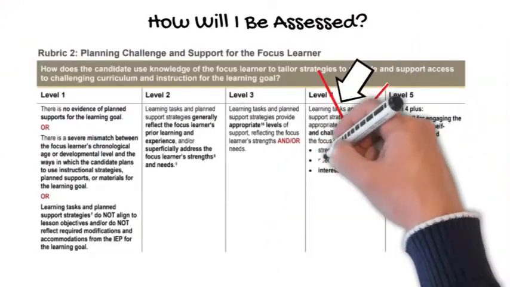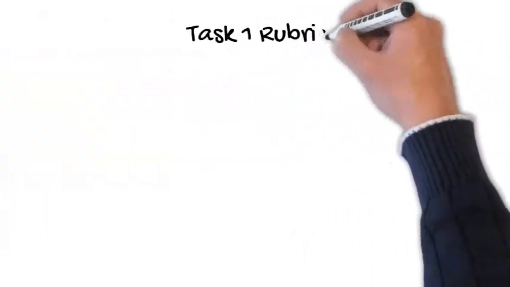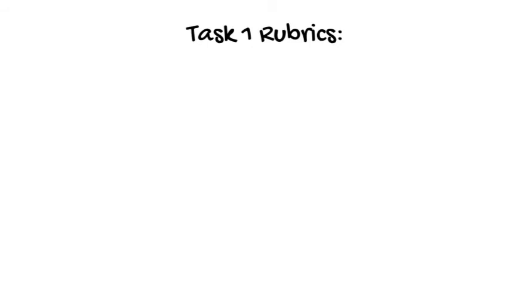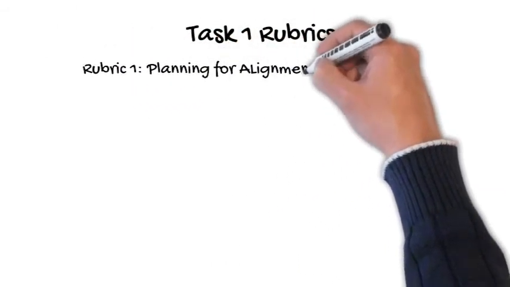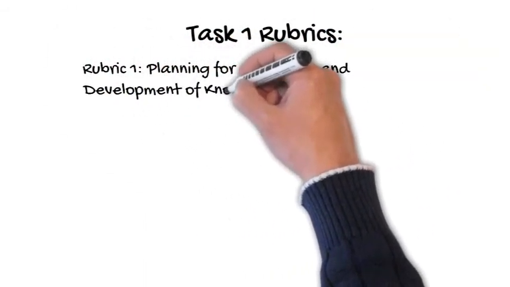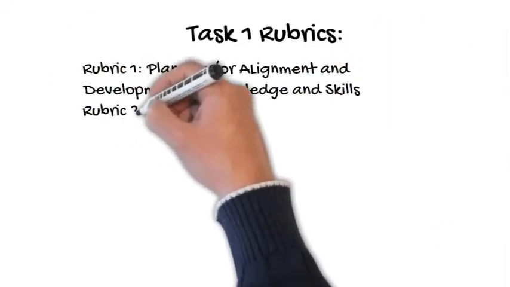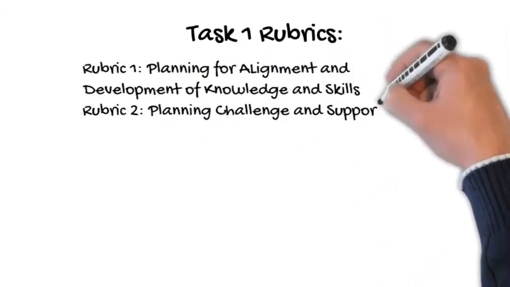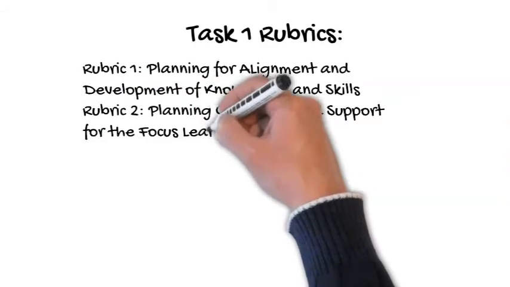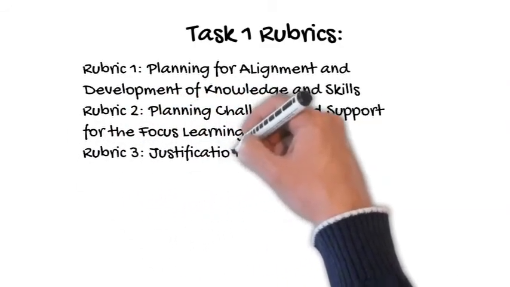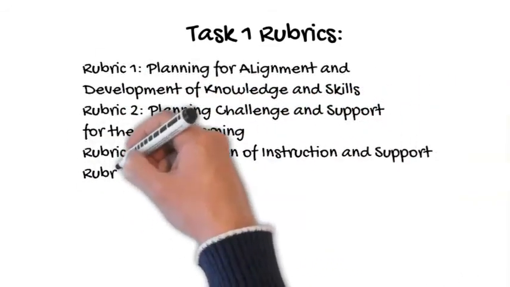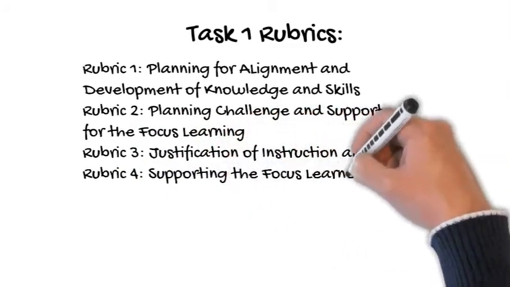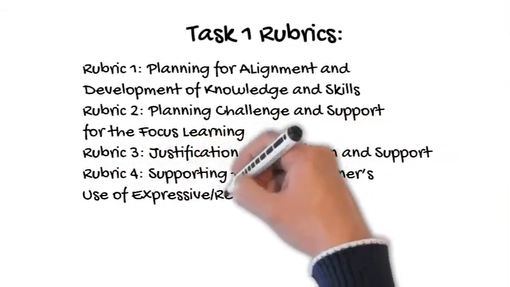For Task 1, you will be evaluated using 5 different rubrics. Rubric 1, Planning for Alignment and Development of Knowledge and Skills. Rubric 2, Planning, Challenge, and Support for the Focused Learner. Rubric 3, Justification of Instruction and Support. Rubric 4, Supporting the Focused Learner's Use of Expressive and Receptive Communication.